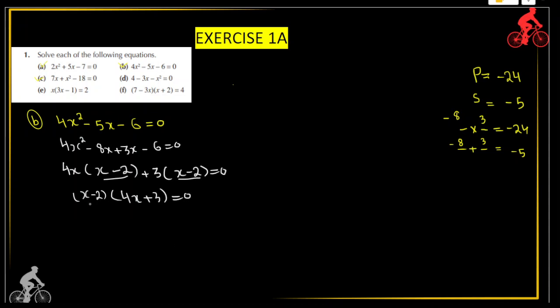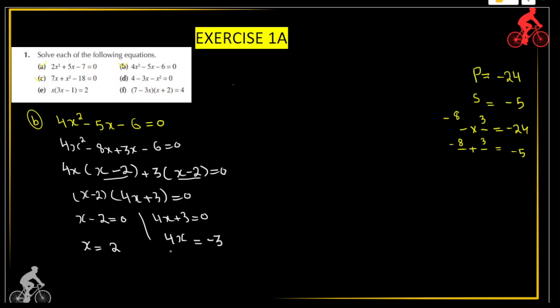Now both factors, their product is equal to 0, so they would also be individually equal to 0. So 4x plus 3 is equal to 0. From here it is super easy to find the value of x. So x is equal to 2, and from 4x plus 3 equal to 0, we subtract negative 3 on both sides, so in the next step 4x is equal to negative 3.